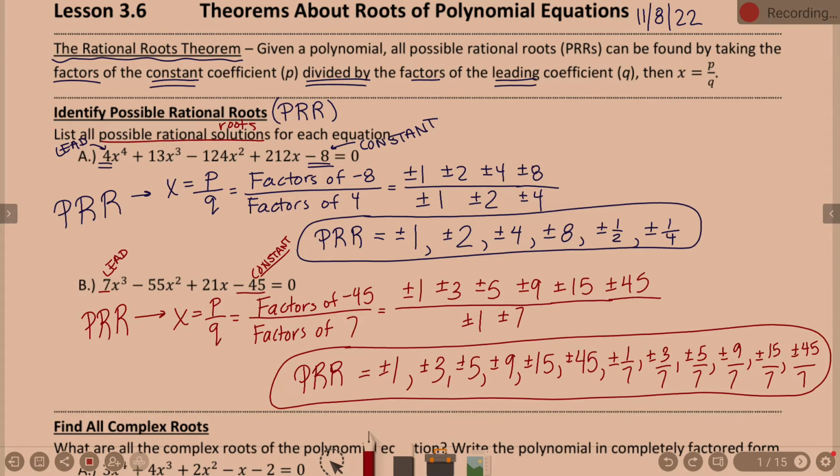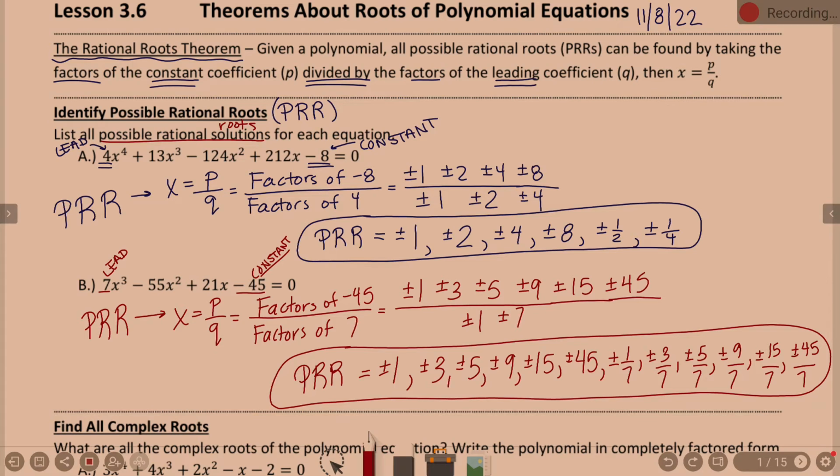At most, it's 7x to the third, so at most 3 of these are answers. That's if all of our answers are rational. So we're going to use this idea of PRRs to help us find the actual roots to a problem. So this will be our starting point on the next couple of pieces.